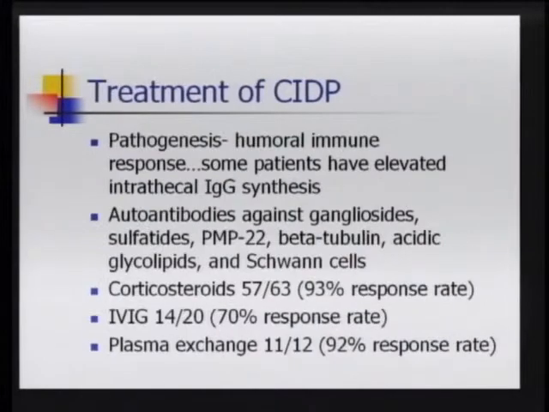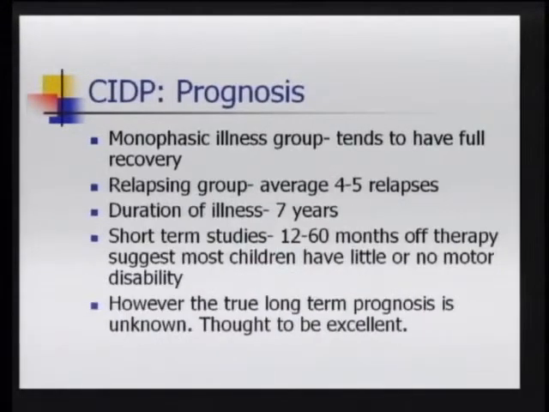but the MRI in these situations can be helpful. As for treatment, this is a humoral immune disease, so they often will have a humoral immune response. They'll have elevated intrathecal IgG synthesis. They often will have antibodies against components of myelin. They almost always respond to steroids, IVIG, or plasma exchange.